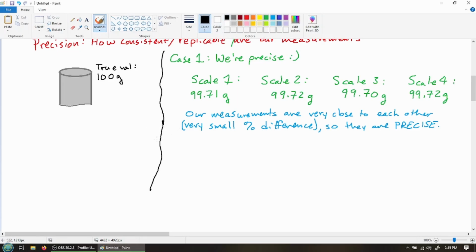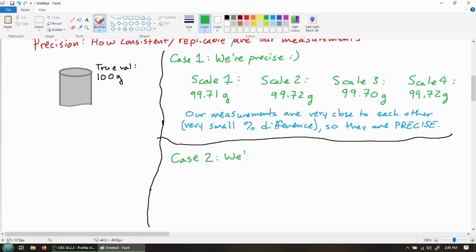So if that's case 1, what does it look like when we're imprecise? And I want to be careful about this because it's possible for us to be accurate but not precise. So us being imprecise does not necessarily mean that the average of our values is incorrect.